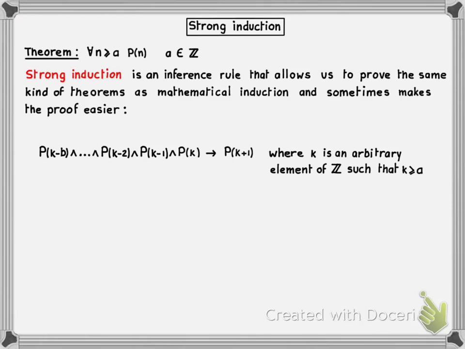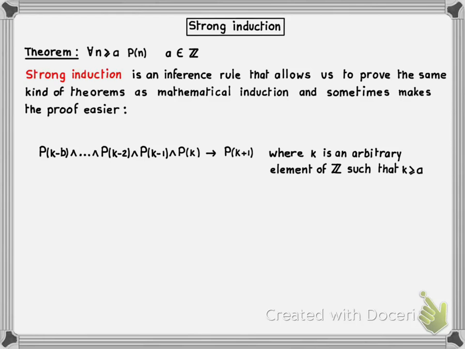So the main difference between this kind of induction and mathematical induction is that here we use a stronger hypothesis. Notice this is the conjunction of b plus 1 propositions. So it's a stronger hypothesis than just p of k, which is used in mathematical induction. That's the reason why this inference rule is called strong induction.